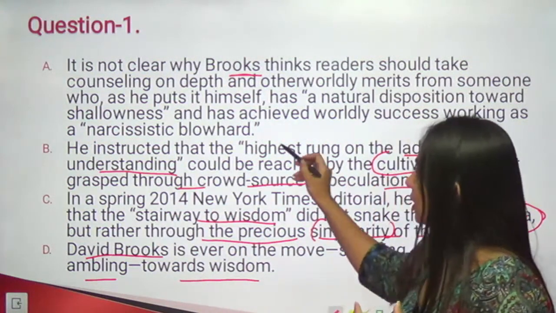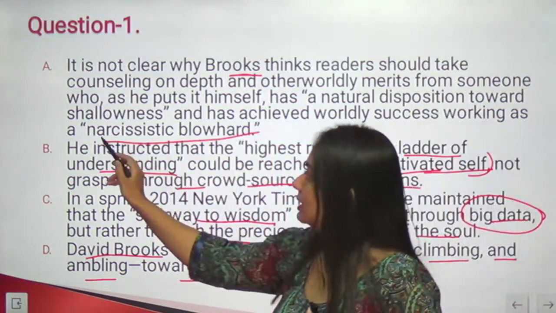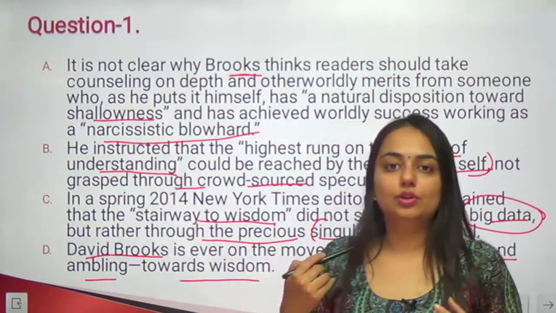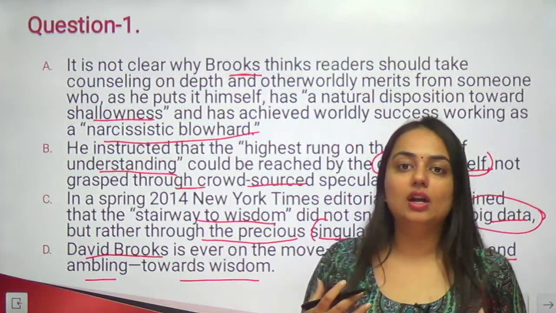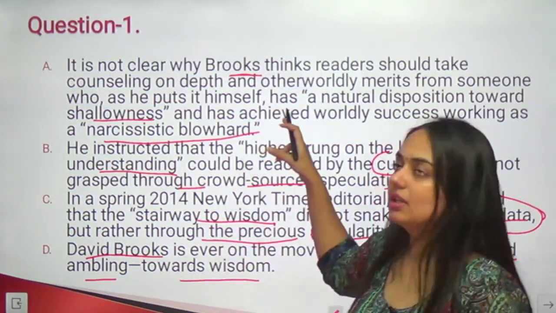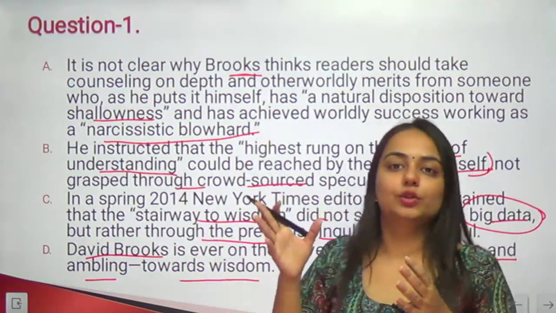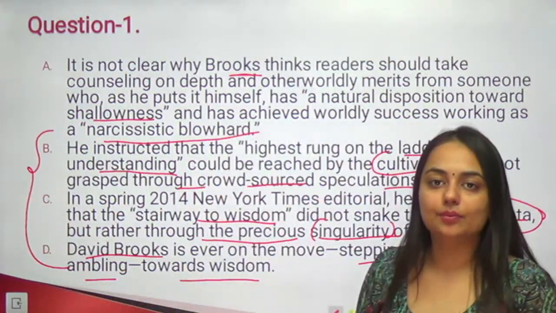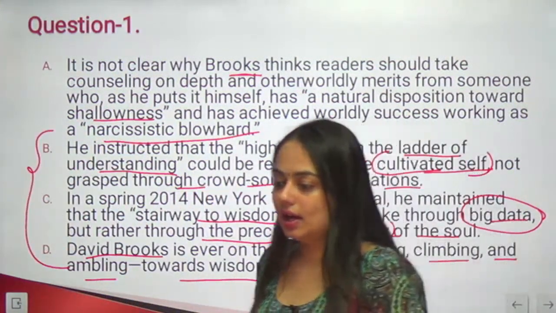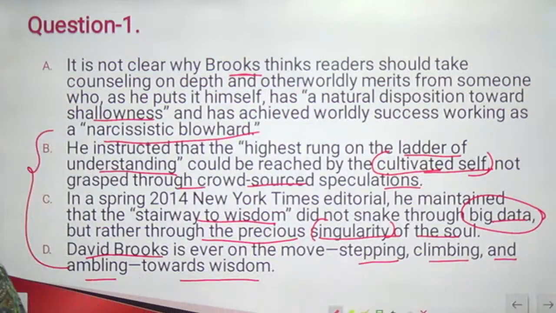But look at this one, such strong words. He is saying that the people you want to ask things from, they have shallowness and they are narcissistic. So this clearly goes a little different from the kind of language he's been using in B, C and D. So this makes A the right answer here, the odd one out.